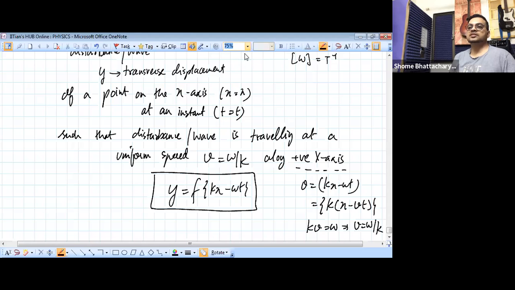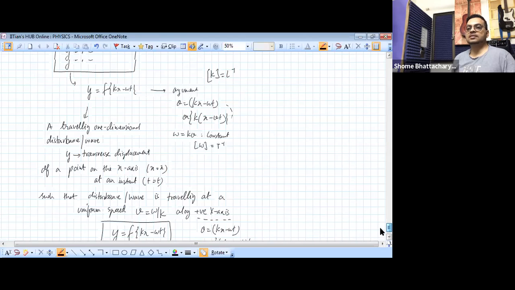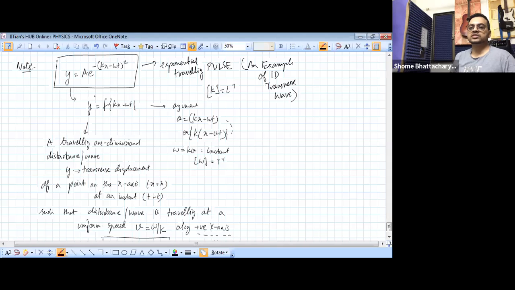So in this particular example, this function was that exponential function. So this particular example is called the exponential traveling pulse. Okay. It is an example of a 1D transverse wave, one example of it. The more general thing is this.